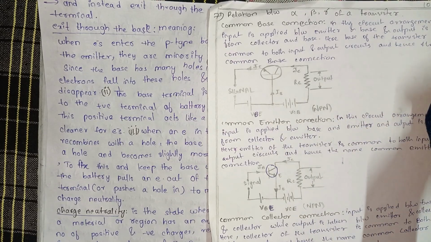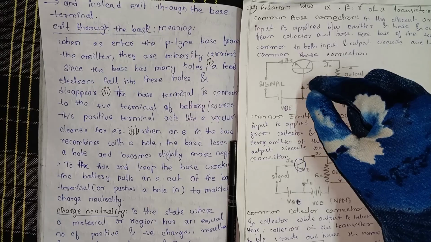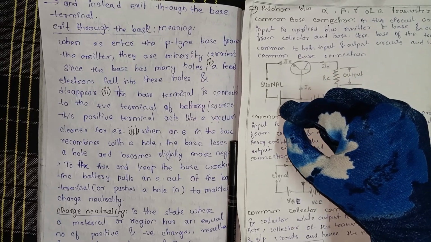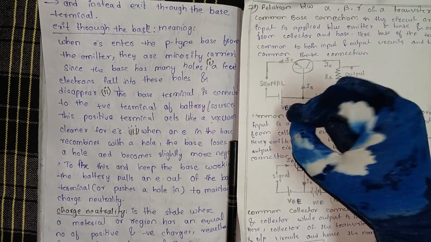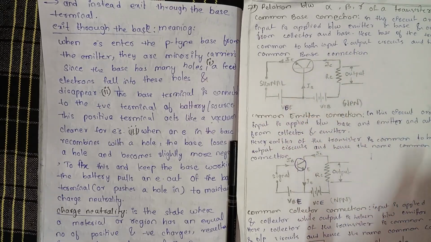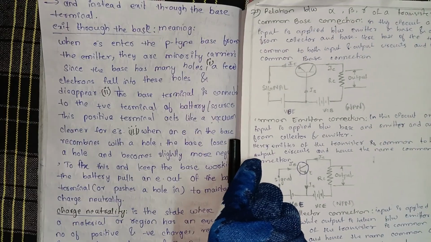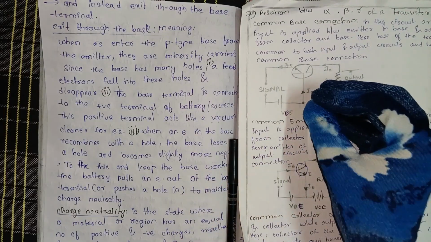It collects electrons from the base terminal, which results in the IB current.